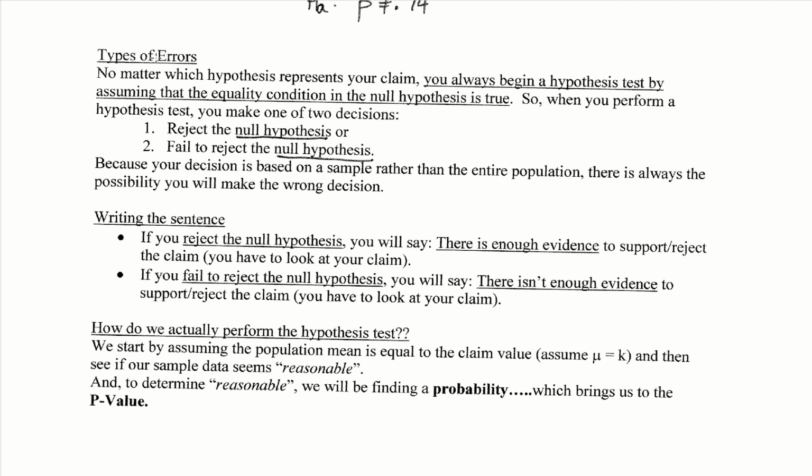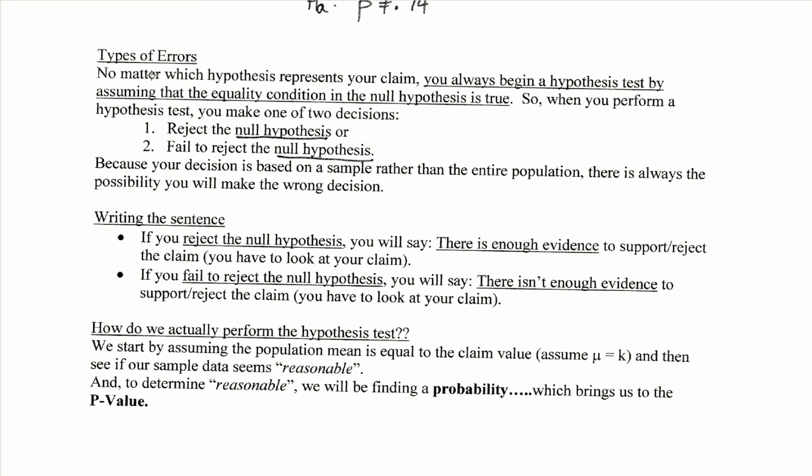Ultimately, when we judge one of our hypothesis tests, our conclusions will always be one of two types. We will either make the decision to reject the null hypothesis, or we will make the decision to fail to reject the null hypothesis.